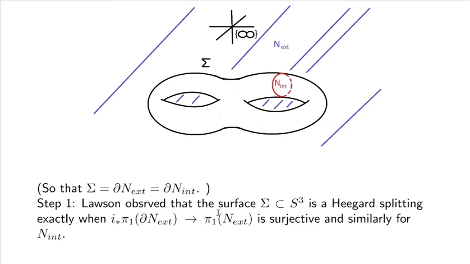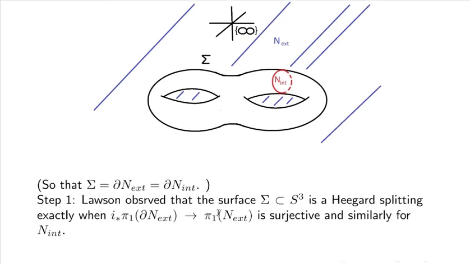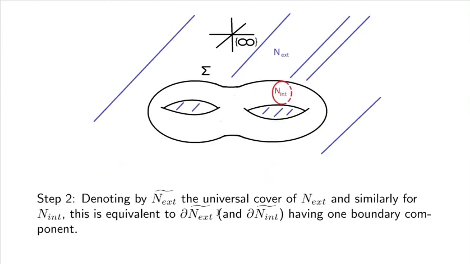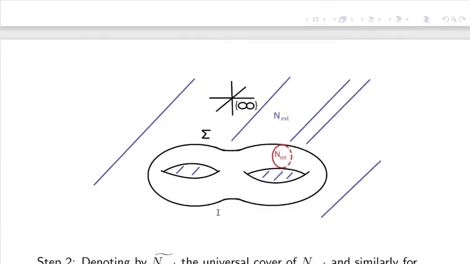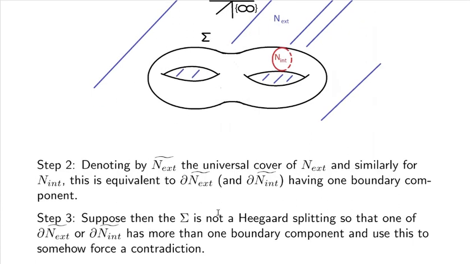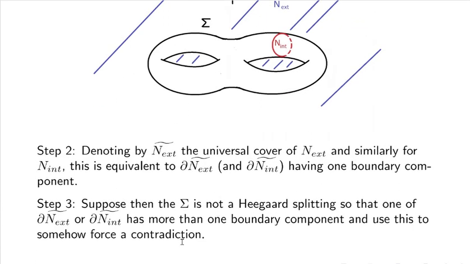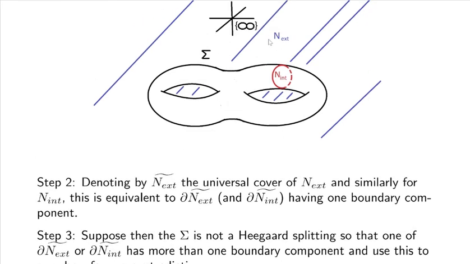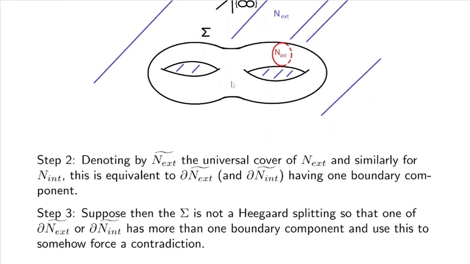So there's not any extra loops, so to speak. And it turns out that you can actually boil this down by some covering space argument to say that you need that in the universal covers of this region and this region, the boundaries have to be connected. And the idea then would be to use this to somehow force a contradiction.